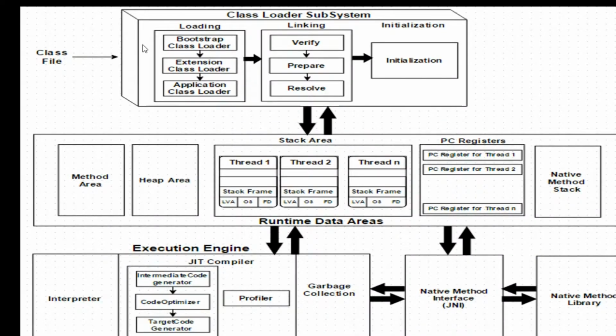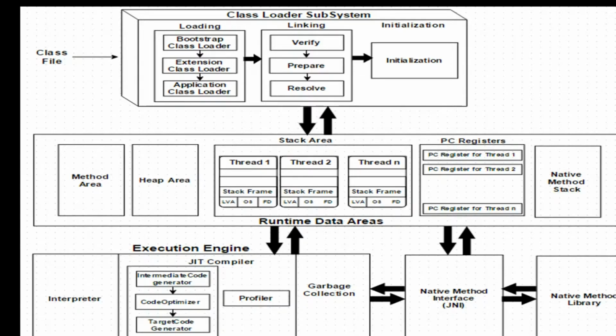Let's move further. We have a software called Java Virtual Machine. This software comes into the picture only when we have to execute a Java program. The JVM is divided into three major parts.